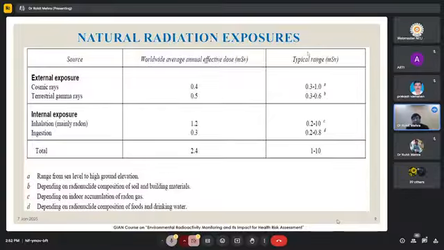Similarly, terrestrial gamma rays, which is 0.5 millisieverts as a worldwide average annual effective dose, range from 0.3 to 0.6, depending upon the radionuclide composition of the soil and the building materials which you are using. And for inhalation, we generally have an average value of 1.2, but it ranges from 0.2 to 10. So it's a big range.